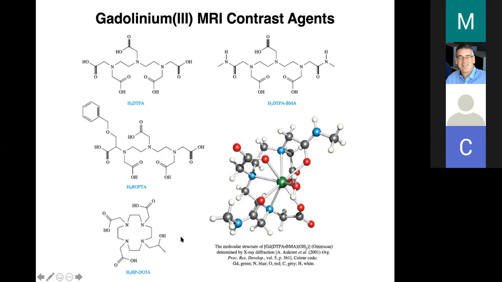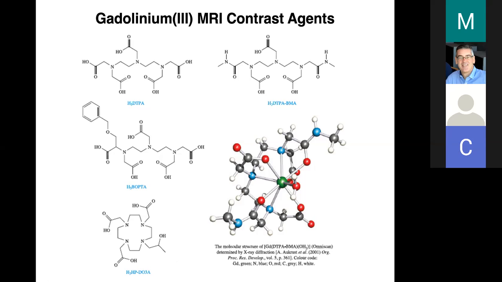And so as they exchange, the spin of the gadolinium is increasing the relaxation rate, what's called the T1 relaxation, for the protons of the water.